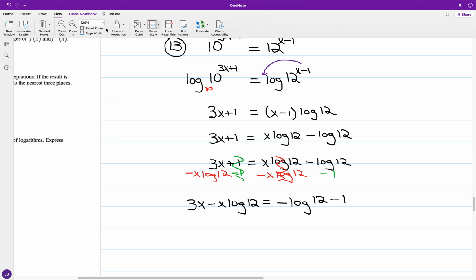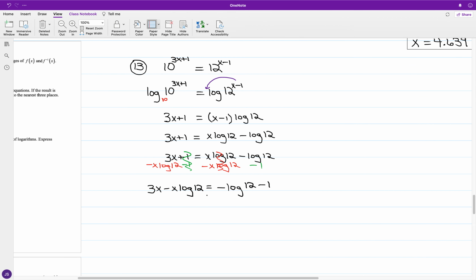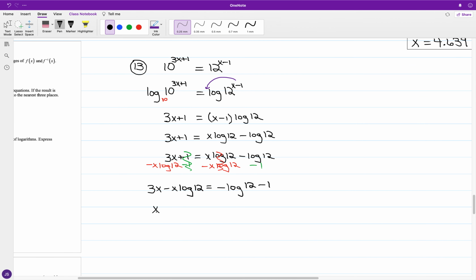And looking at what we have here, again, we're solving for x. So factoring, I have x times the quantity 3 minus the base 10 logarithm of 12 is equal to the negative of the base 10 logarithm of 12 followed by the subtraction of 1.